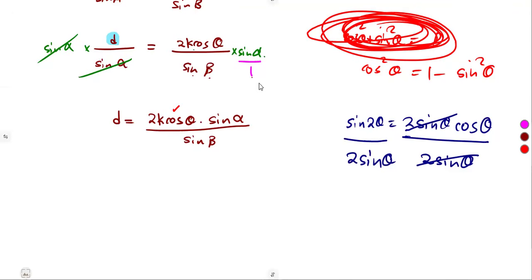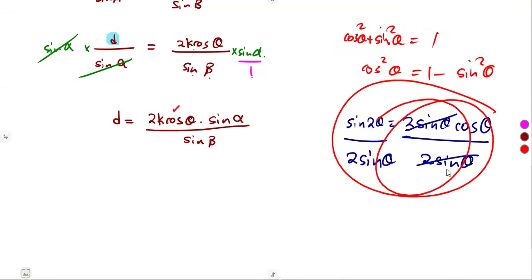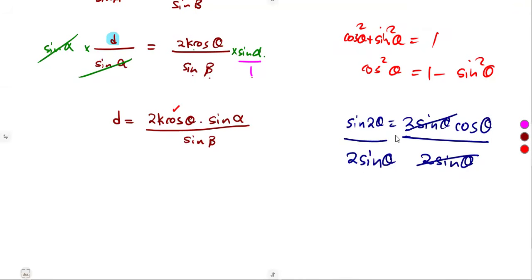You play around with one identity because it's already mathematically proven, so whatever you do here is also mathematically proven. So dividing by 2 sine theta on this double angle identity for sine is not wrong. It is a proper way because we are taking it from a proven identity.